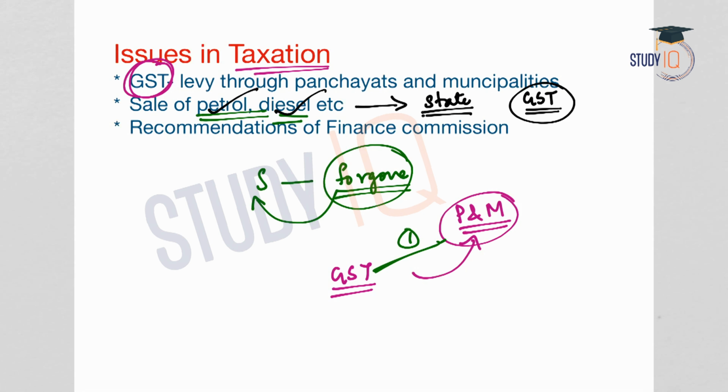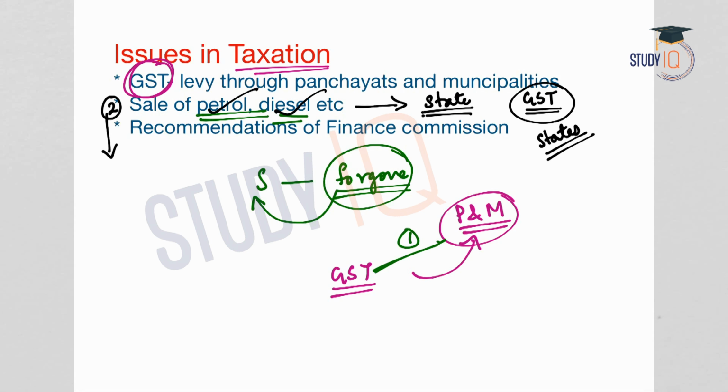So this is the second concern regarding taxation and cooperative federalism. Certain states are against this, certain states are for this. States are against this idea because if petrol and diesel are included under GST, the states will lose a large portion of their revenue.